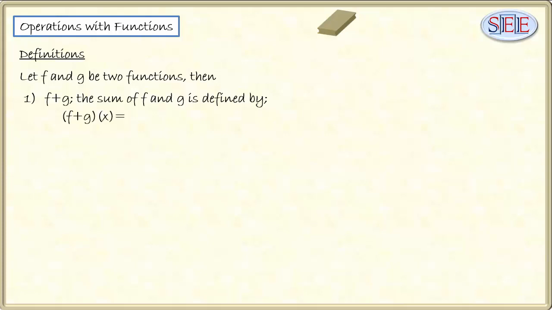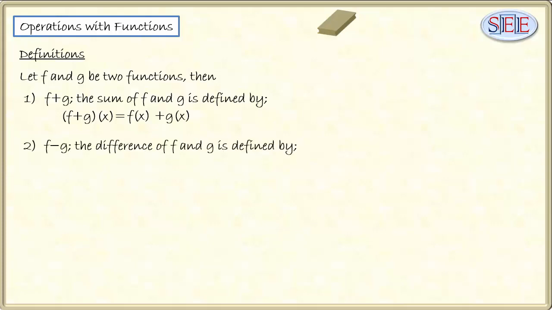This is the sum of f and g and is defined by f plus g of x is the same as f of x plus g of x. So to get the sum of two functions f and g, what we simply do is take the formula for f of x and the formula for g of x and add them together. That will give you the new function that serves as the sum of f and g.